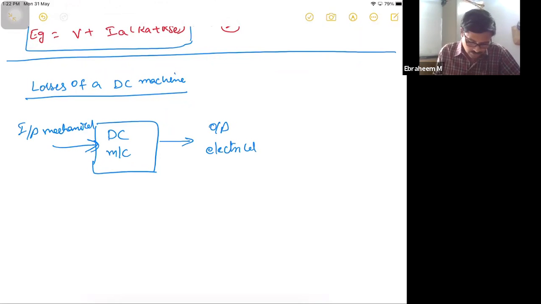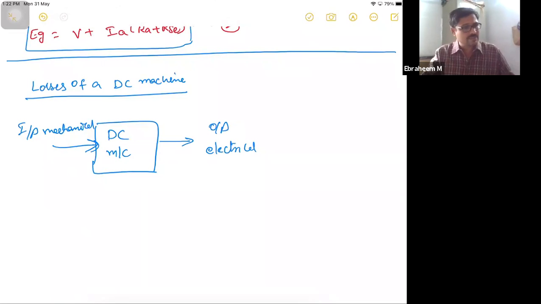So it will convert mechanical energy into electrical energy. In the process of conversion, different types of losses will occur, and your total input is not going to be converted into electrical energy.